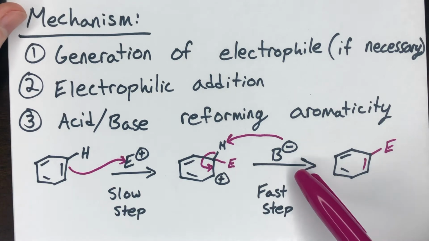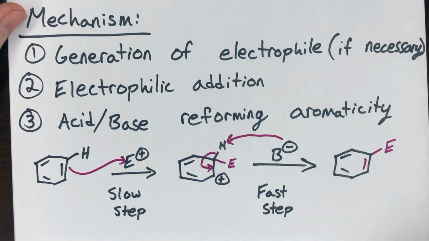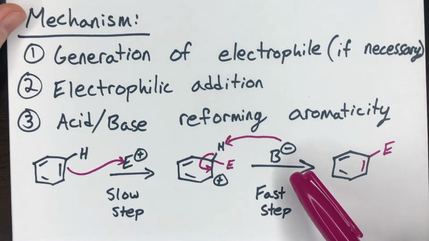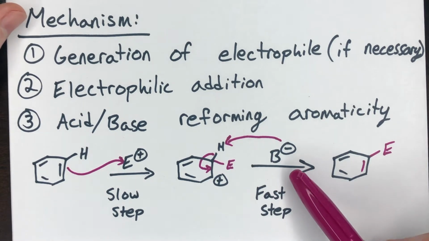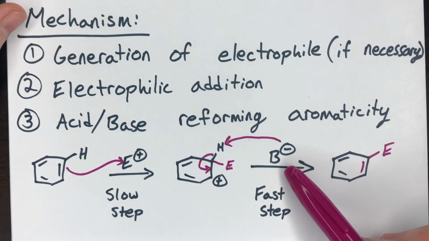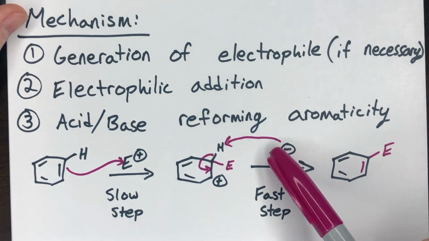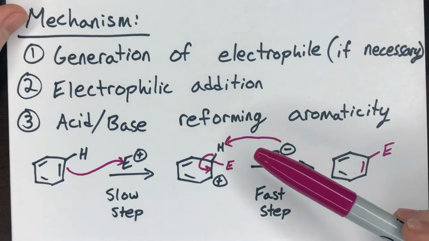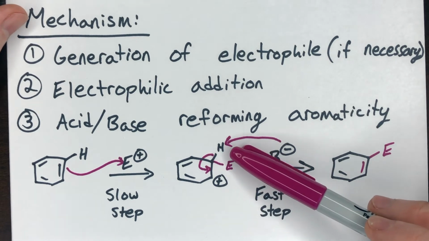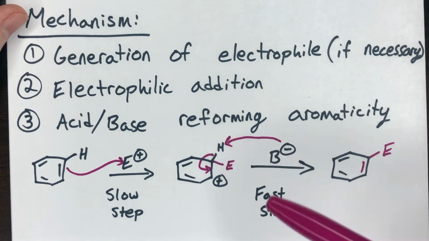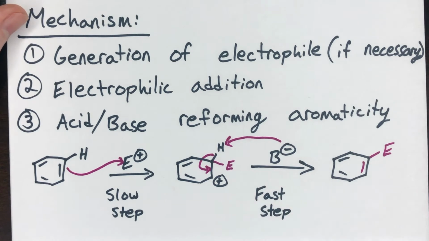And then lastly, we have this acid-base step that reforms the aromaticity. The identity of this base can vary a lot. It doesn't necessarily have to have a negative charge, but as a general example, I'm showing it with one. Then we use the base to attack this proton, which is now extremely acidic, because when you remove the proton, you can reform the aromaticity, which is why this is extremely fast.